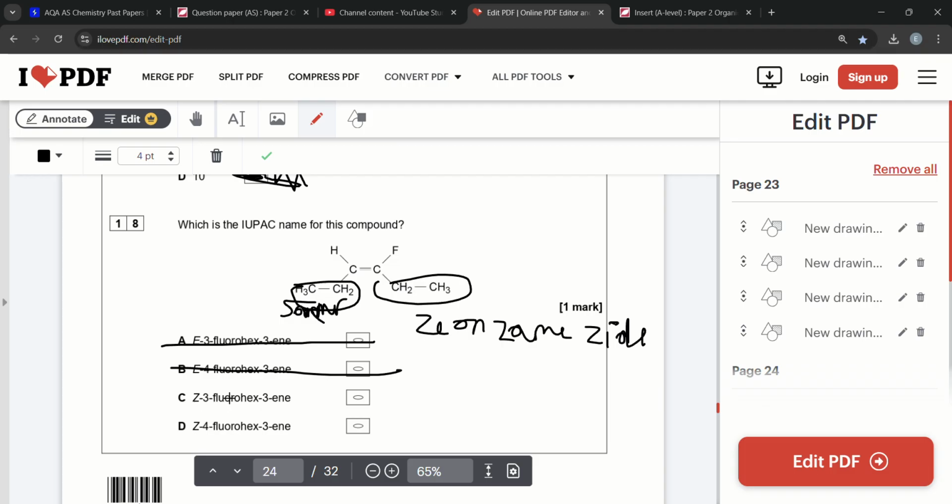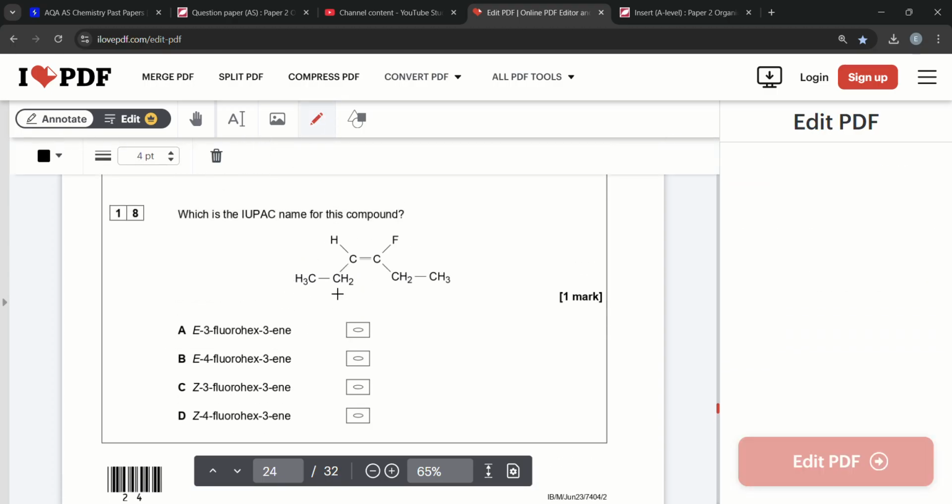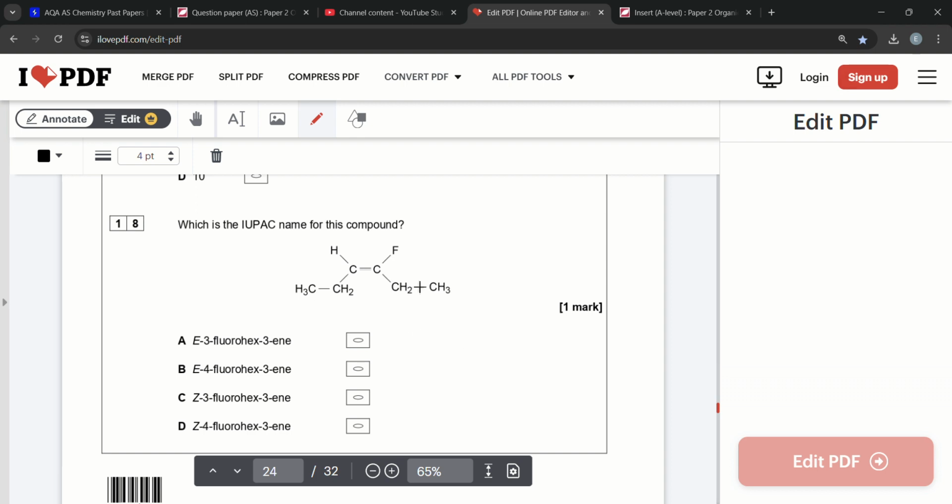No, it's not. So if you look at this, 3-fluoro hex, 1, 2, 3, 4, 5, 6, 3-ene.